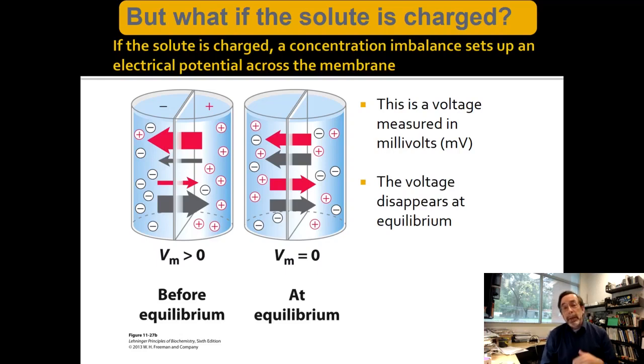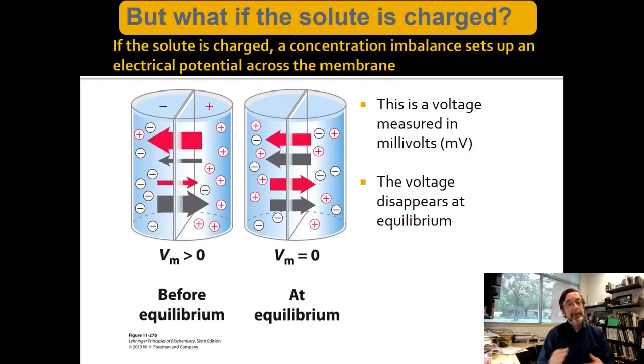The good news is we can measure this imbalance of all charged molecules by just measuring the voltage across the membrane. And so that's why the voltage matters for these things. So the voltage is measured in millivolts, and at equilibrium, if you don't have an imbalance, you don't have a voltage.